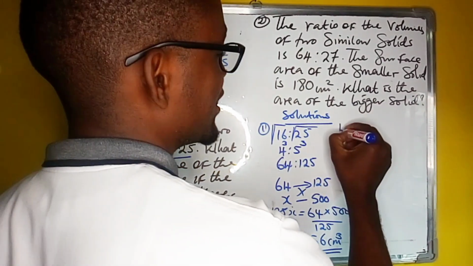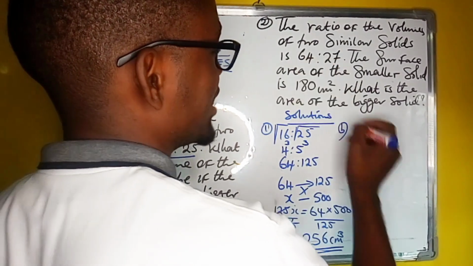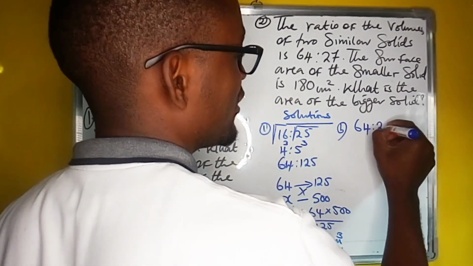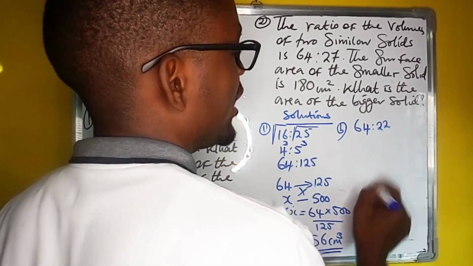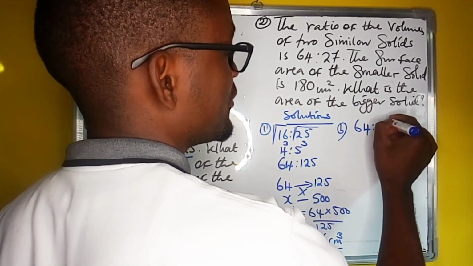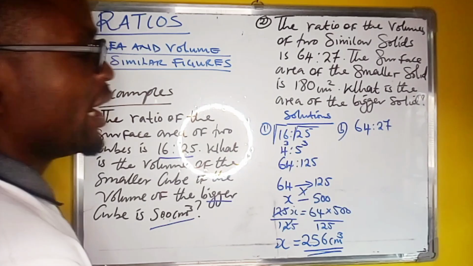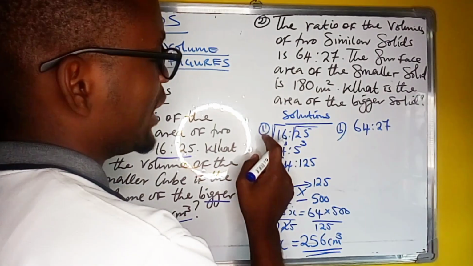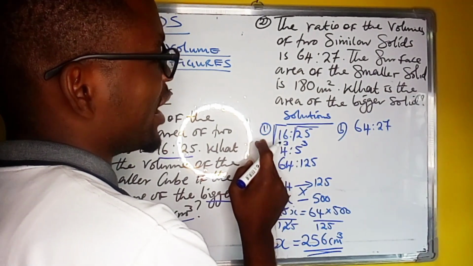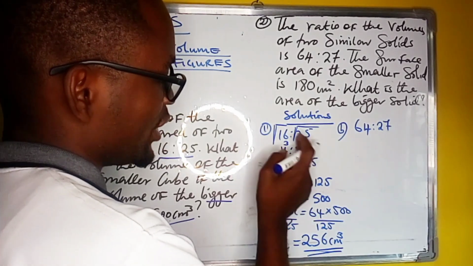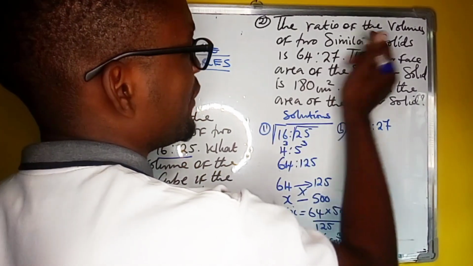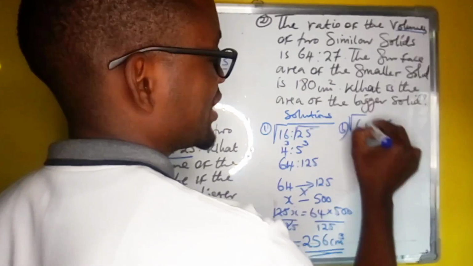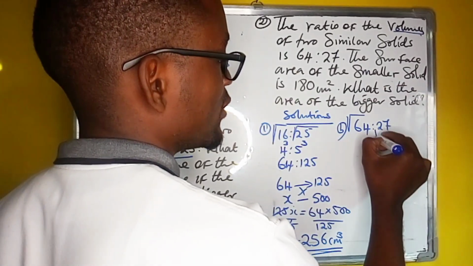To find this, you're going to write 64 to 27. Now, this side we are given volume. When you are given area, you first square root. But when they give you the volumes, you are not square rooting. You need to take the cube root.